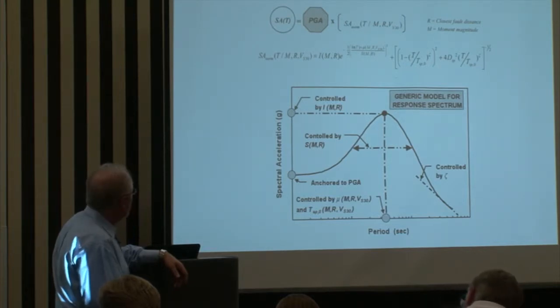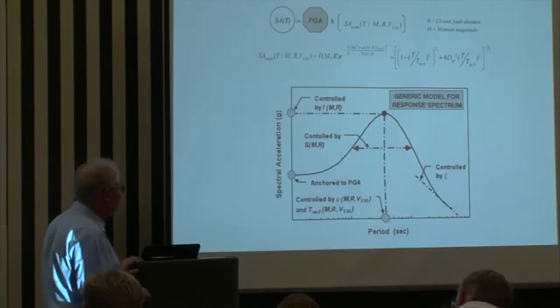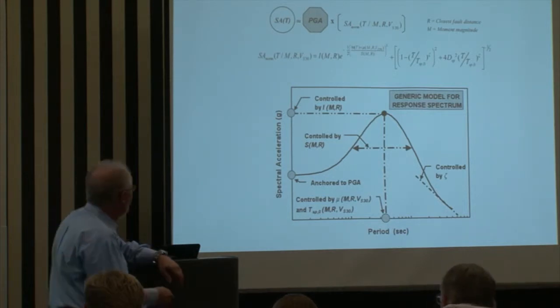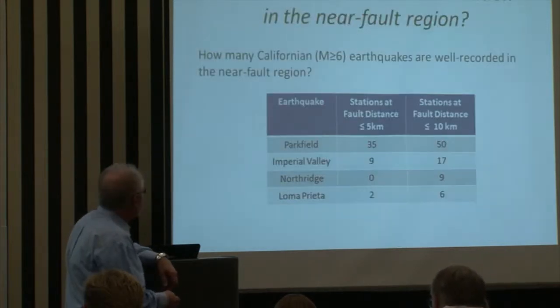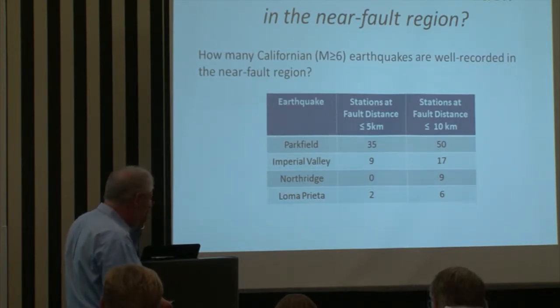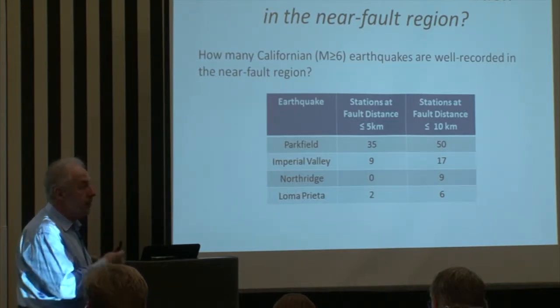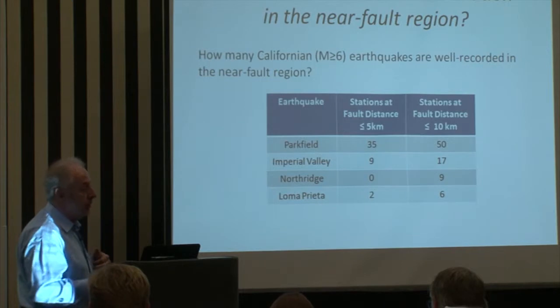Now I will go to the questions. I'm sorry, I will answer these questions probably in a different order, but I will try. The main question that we have is that our model has a bump, at least for magnitude from about 6 to 7.